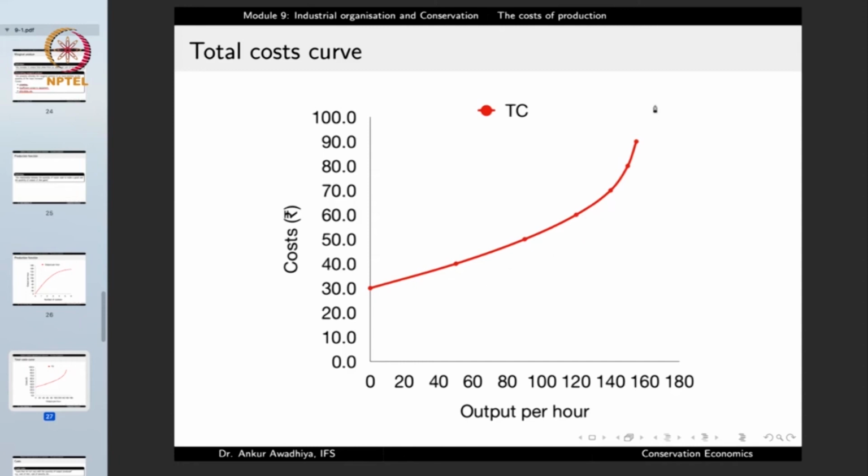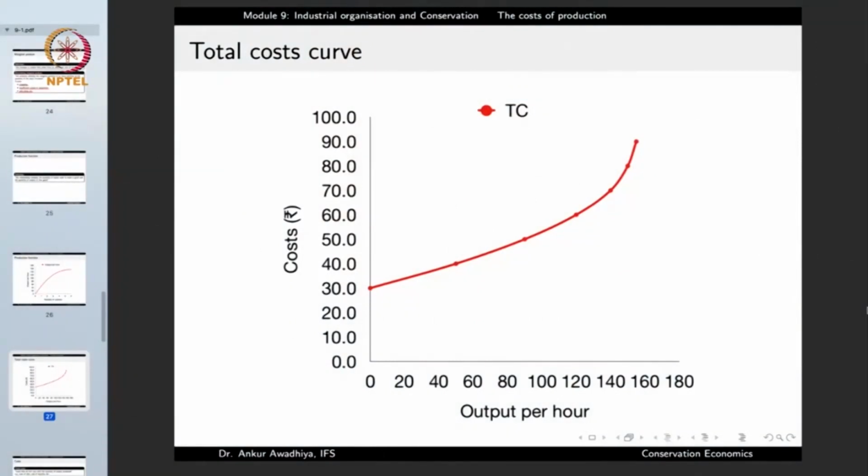Because here again, what we are observing is that because of the law of diminishing marginal product, to increase the output from 140 to 160, we will require a very great amount of input. Because now the inputs are not working that hard. They are not giving that high an output. Whereas when we increase the output from 0 to say 50, the costs involved are very less because the inputs are putting up a very large amount of output.